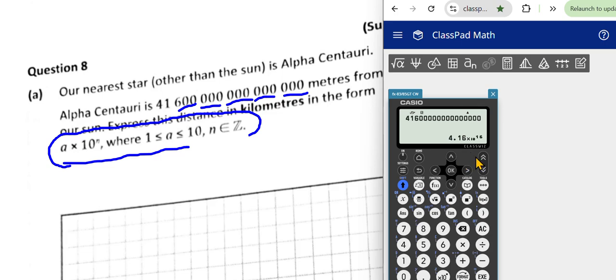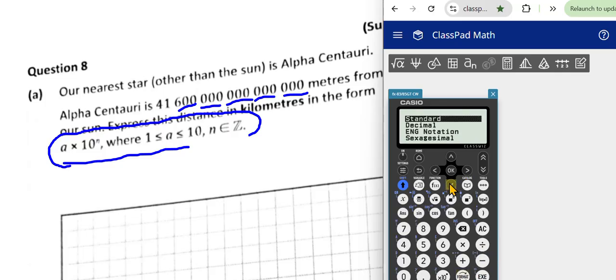It didn't even make me change it, did it? If I did have to change it, I'd just go to format and click eng notation. And it'd give me... Oh, sorry guys. I'm wrong about engineering notation. Engineering notation is actually weird. I wonder if I can change it. It's not 41.6 I want. So engineering notation doesn't work as it turns out.